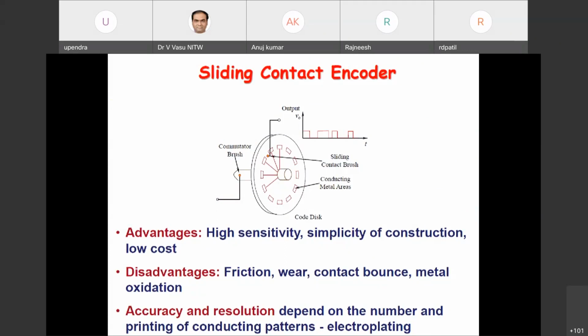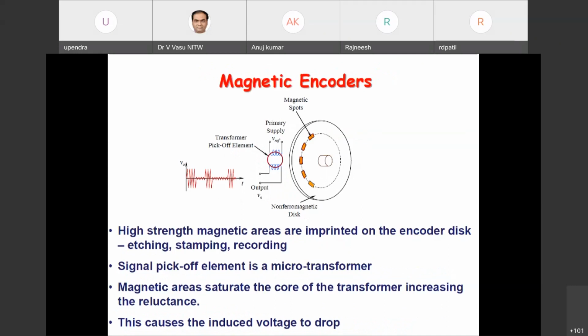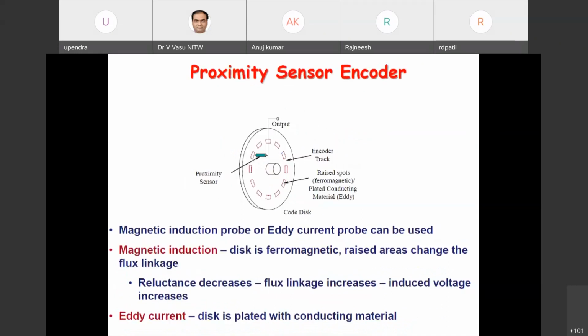Because of the sliding contact we can get the output, but this is not that much used. For the proximity sensor type, the light source is kept here. Whenever the disc is rotating, the light falls on it, and the pulses can be detected.